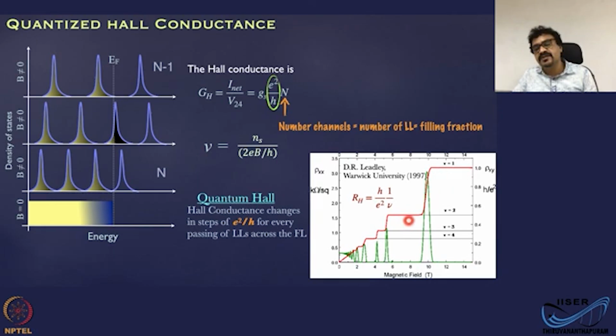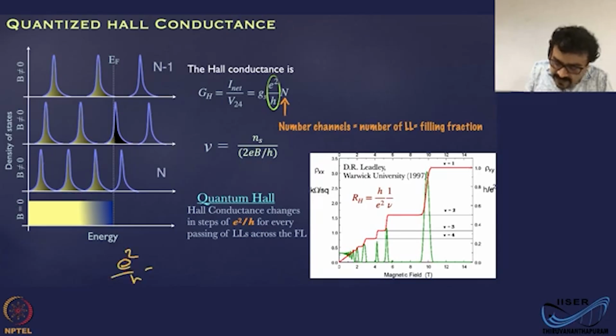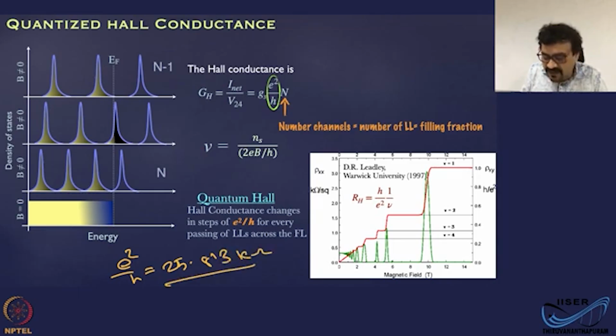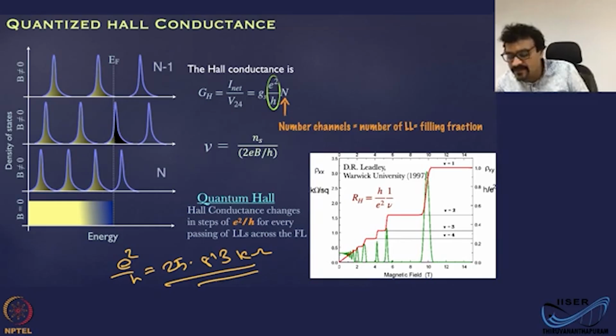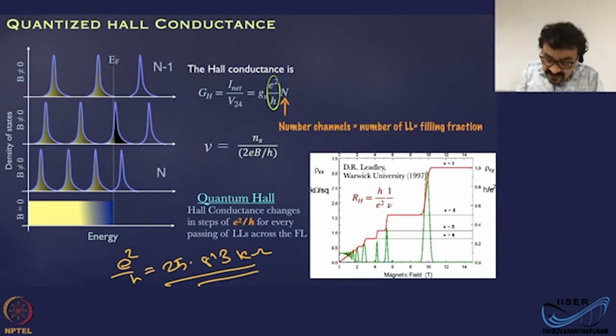Then suddenly the Hall resistance will jump by h by e square, and h by e square is 25.813 kilo ohm. e square by h is the conductivity, and h by e square is the resistance.